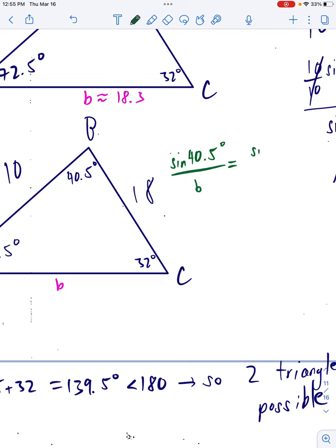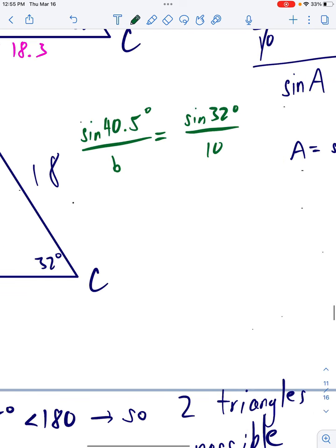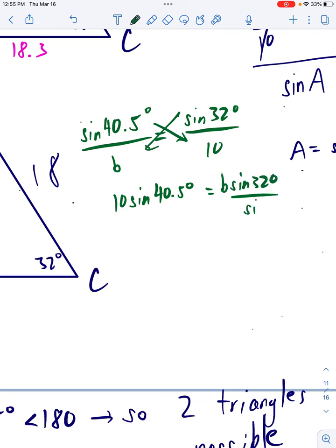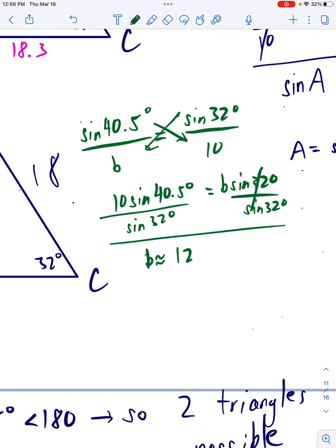That equals sine 32 degrees over 10. So I'm using that sine of big C over little c. Cross multiply, you get 10 sine 40.5 degrees equals b sine 32 degrees. Divide both sides by sine 32 degrees. Get b equals about 12.3.